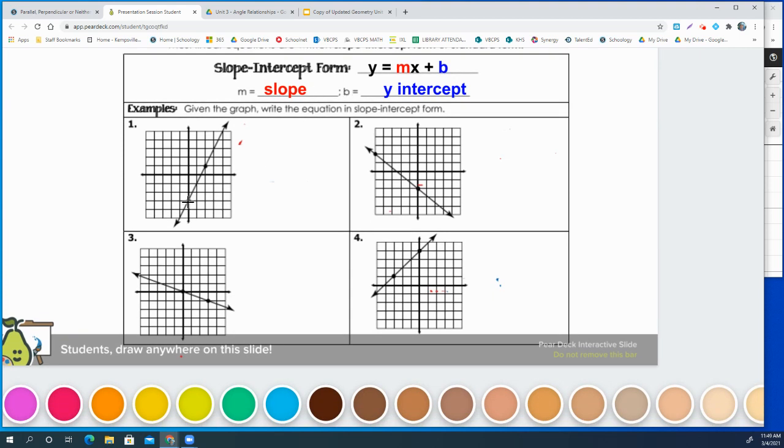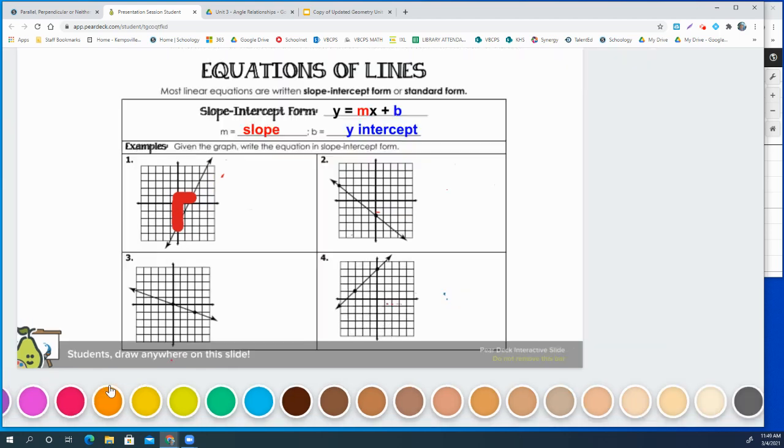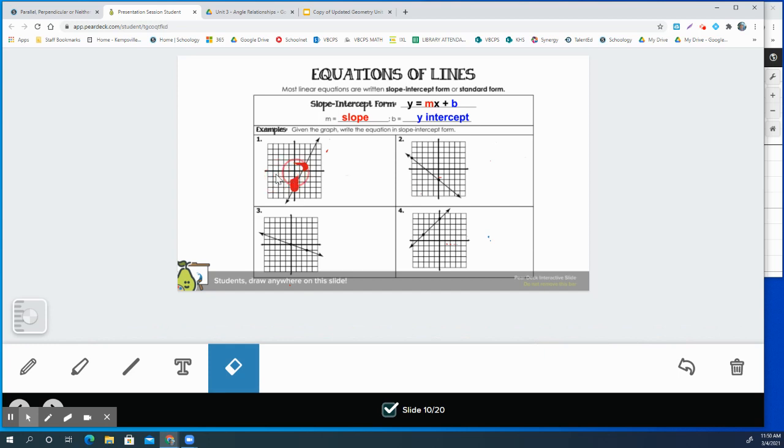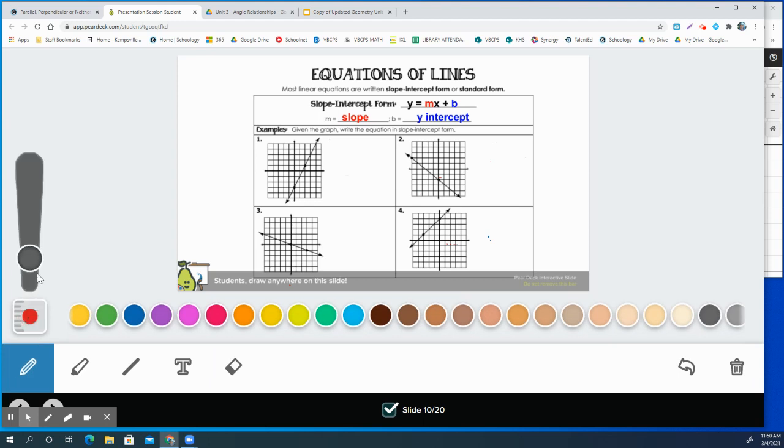So if you start at your leftmost point and you go up, up, up, up, up, and then over, wow, my line is crazy fat. Let's see if we can fix that. Yeah, that's better.